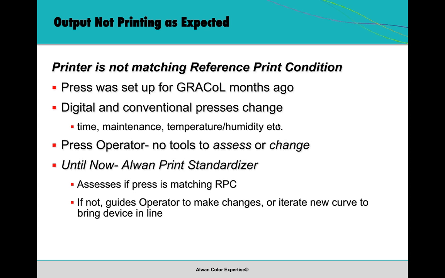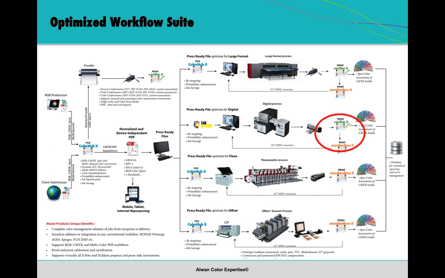So it keys in to what's happening on the output device. And back to our workflow diagram, you can see that ColorHub optimizes and normalizes the files up front. Print Standardizer ensures that the output device is actually printing the way it's supposed to be printing, not only process colors, but also spot colors and spot color builds.